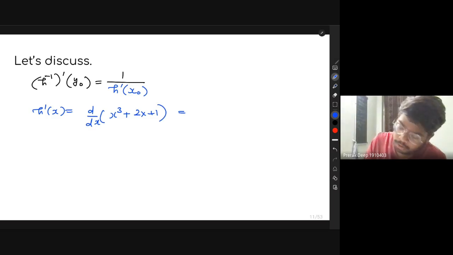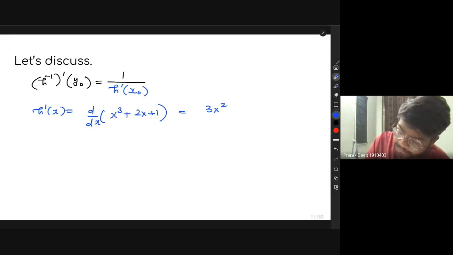If you differentiate the first term, it is going to be 3 times x square plus 2. Now if you evaluate 3x square plus 2 at 0, you will get 2.